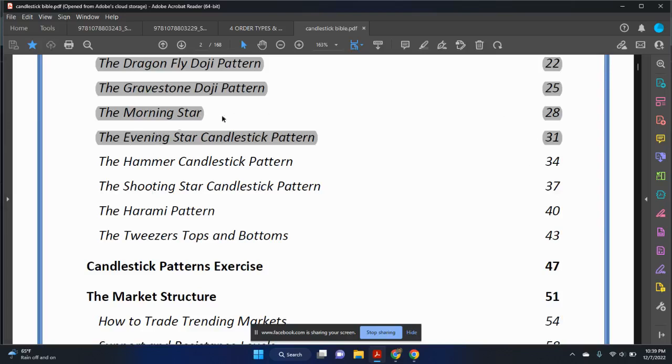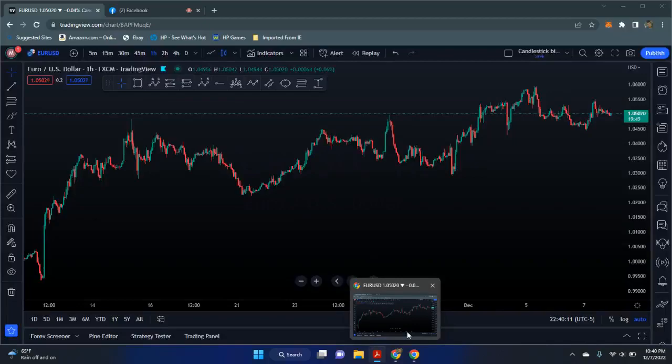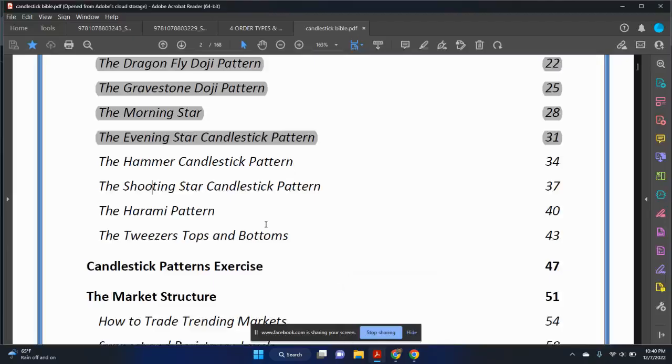So I don't think I uploaded a morning evening star video, but I would definitely get to that. Last week we talked about the morning and evening stars and what they were, how to find them and how to identify them. This week we're going to talk about the hammer candlestick pattern and also the shooting star candlestick pattern as well.